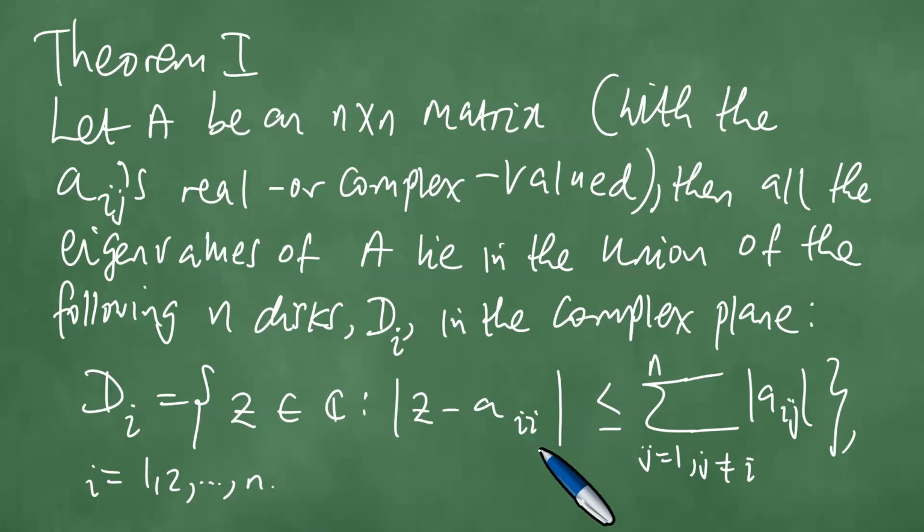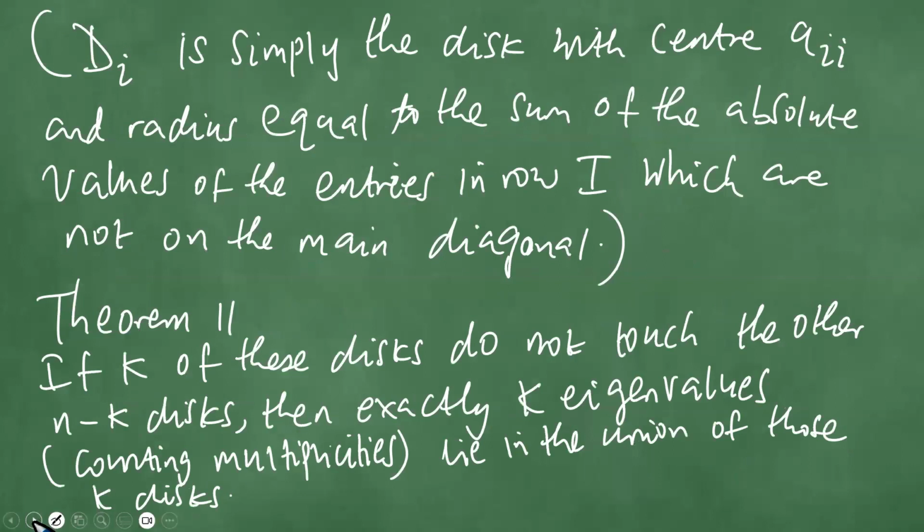So you have the union of the disks such that z in C and |z minus aii| is less than or equal to the sum of the off diagonal entries.